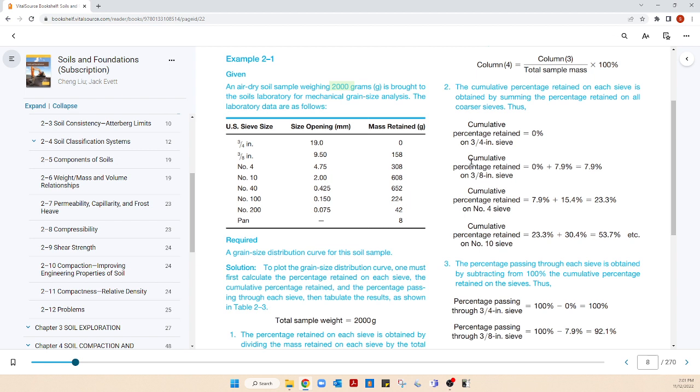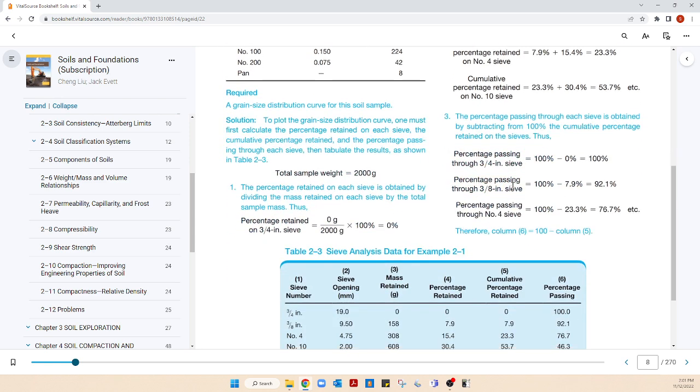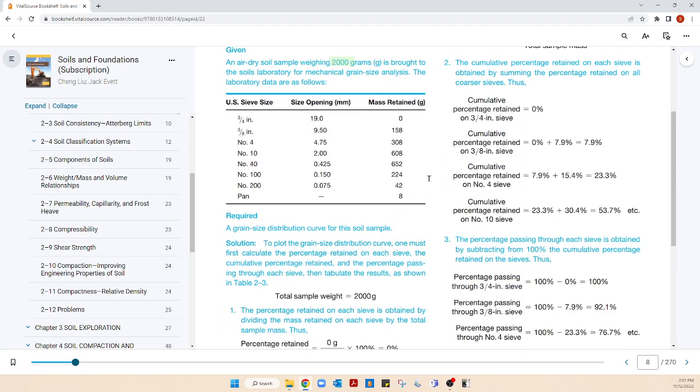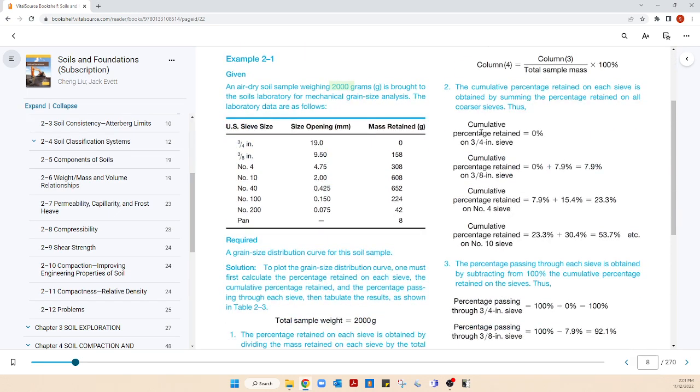The cumulative percentage retained on the 3/8 inch sieve: 158 divided by 2,000 gives us 7.9%.